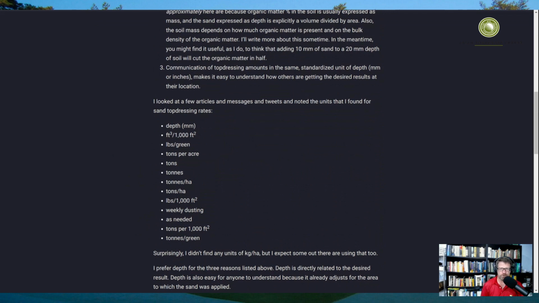So if you apply, for example, 1,000 kilograms of sand, let's say, to make my math easier to do in my head, that you've applied 1,000 kilograms of sand and you apply that over 1,000 square meters, which would be something like applying 2,200 pounds of sand over about 1,076 square feet, something like that, maybe.